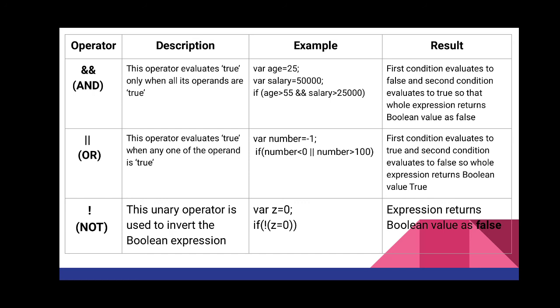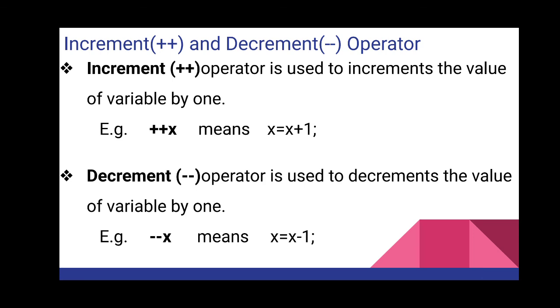Right? Next, increment and decrement operators. Now this increment operator is used to increment the value of a variable by only one. Only one step up you can do. Agree? Similarly, the decrement operator is used to decrement the value of a variable by 1.